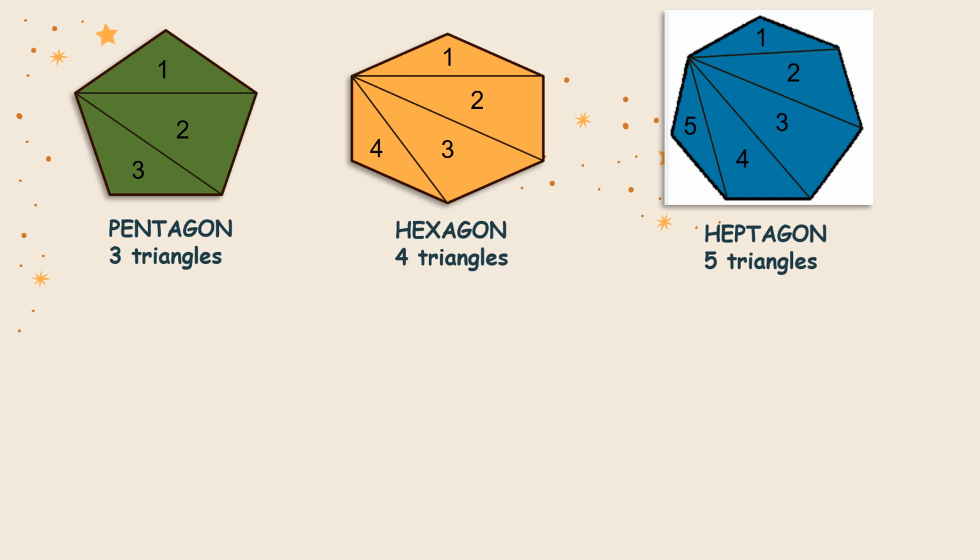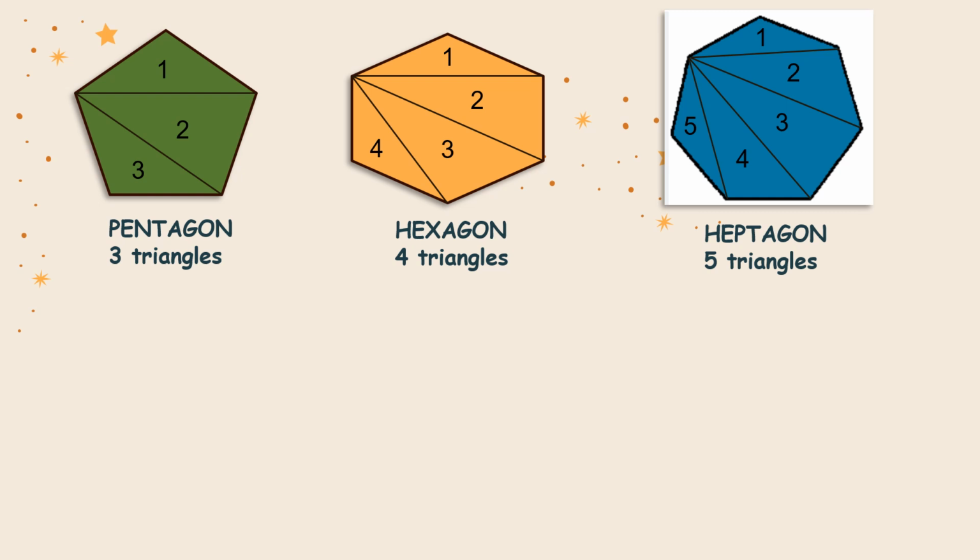So 4 triangles. Similarly in case of heptagon, 7 sides. 7 minus 2, 5. So the number of triangles in a polygon is given by 2 less than the number of sides of the polygon. You can try with any of the polygons. It is the same concept.